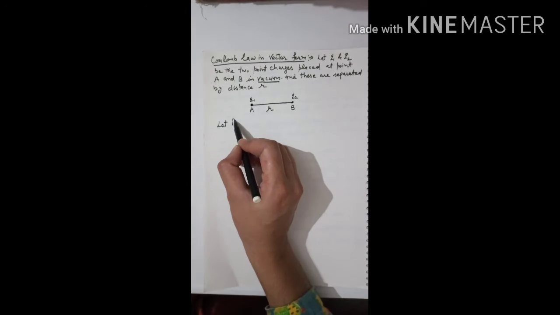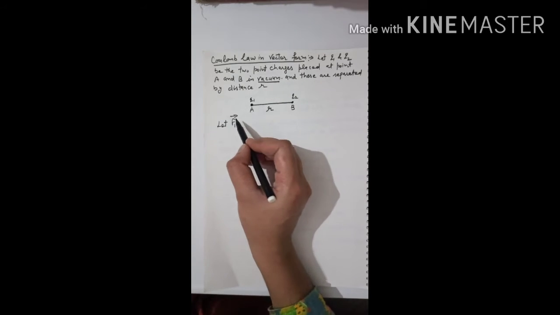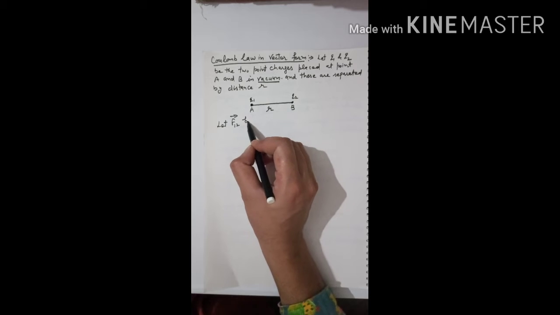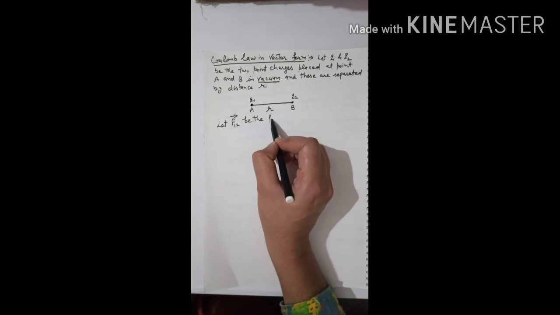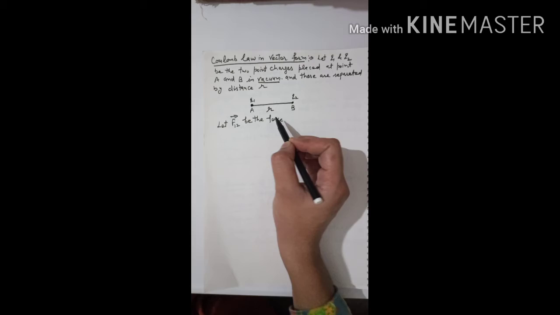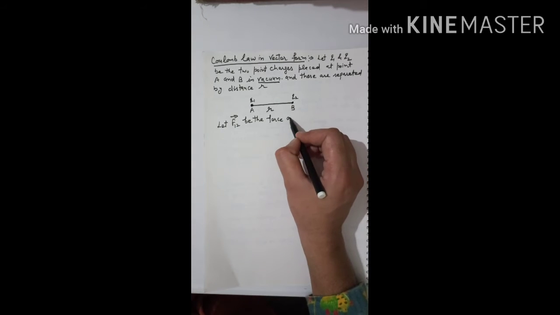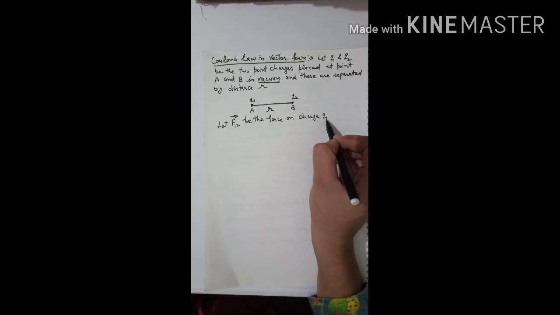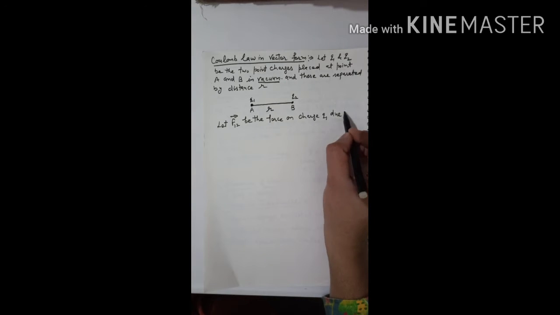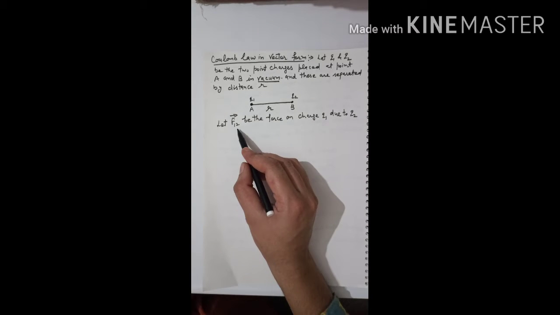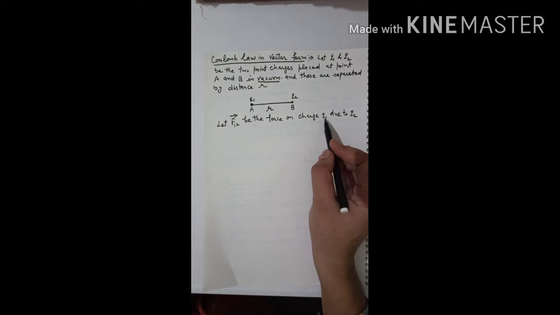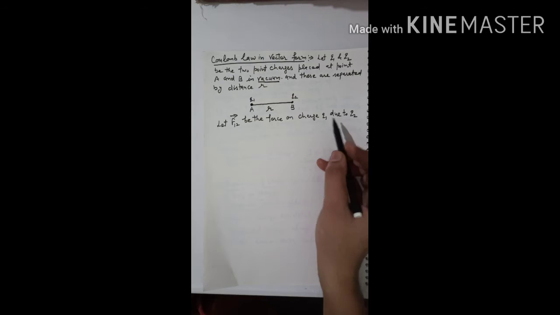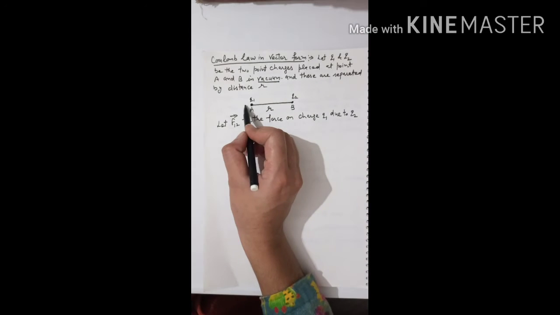Let F12 be the force on charge Q1 due to Q2. This acts along the left side.